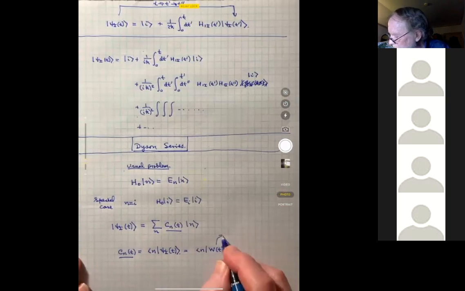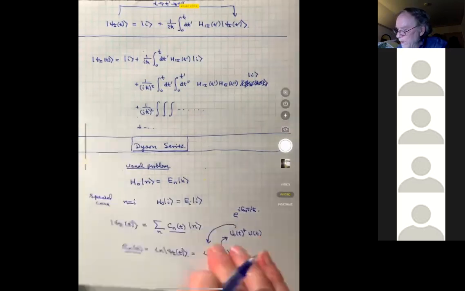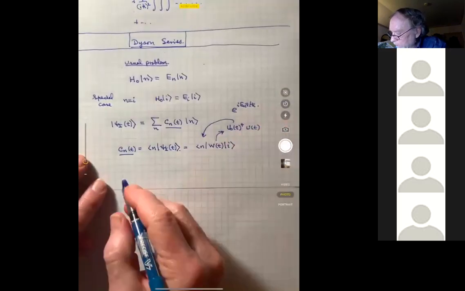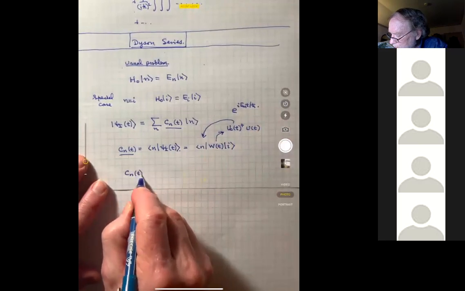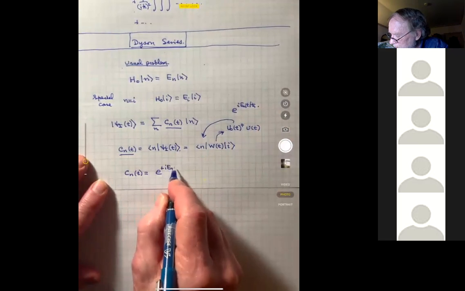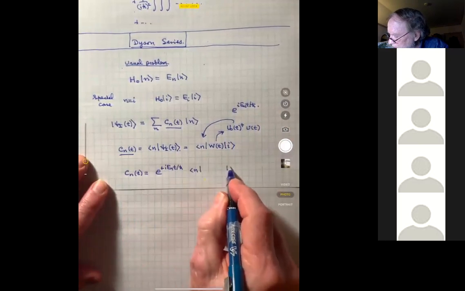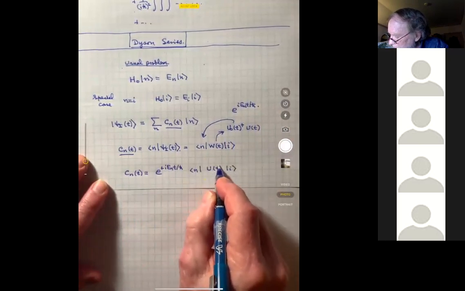We can convert this to the Schrodinger picture, however, because W is equal to U0 of t dagger times U of t. If you let this U0 act to the left on an eigenstate of H0, it'll bring out a phase factor, which is e to the plus i E sub n t over h bar. And so what we obtain is an expression for the transition amplitude in the interaction picture: it's equal to e to the i E n t over h bar times the matrix element between n and I of the time evolution operator in the Schrodinger picture.